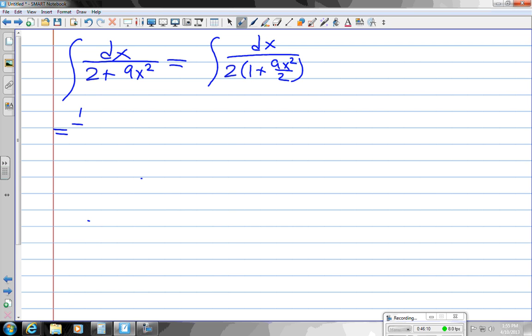So 1/2 comes out. Now we also want our second expression to be a perfect square, so I have to write it as 3x over the square root of 2 squared. That's how I have to write that. Okay.